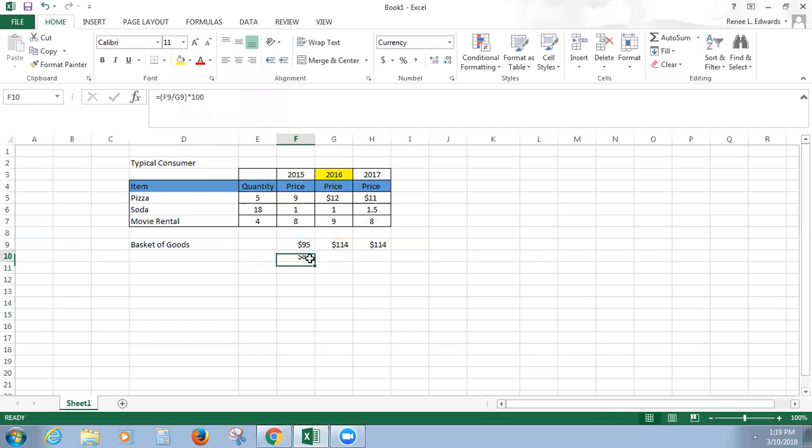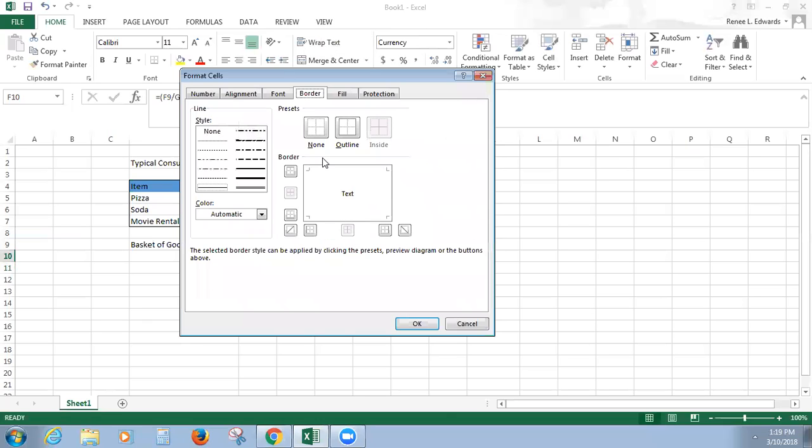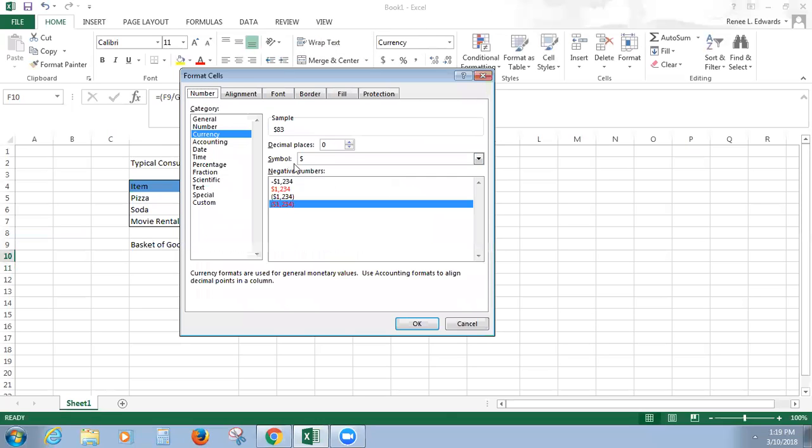If I do the same thing in 2015, 2016, 2017, and they're not actually going to be dollars, so I need to format this. This is just a number without the dollar sign. That's a whole number.